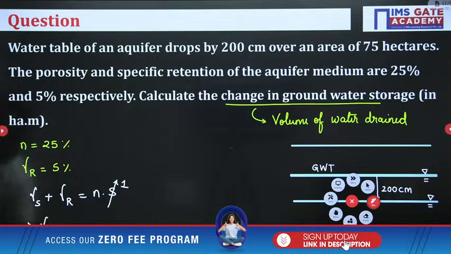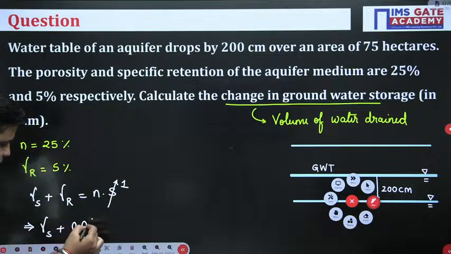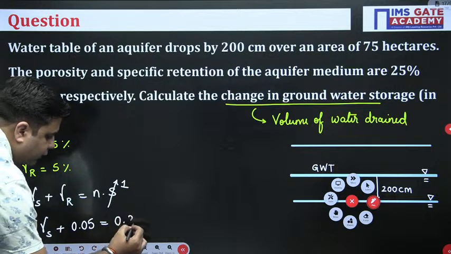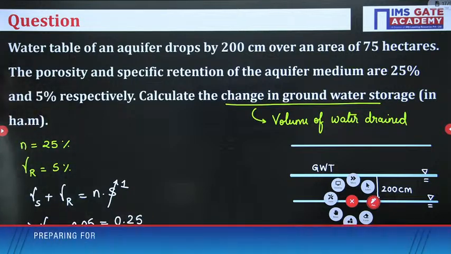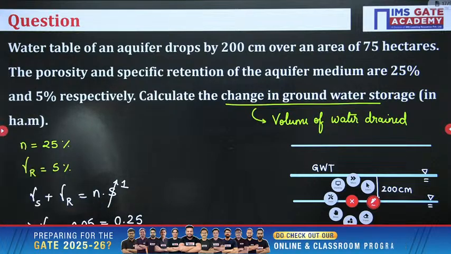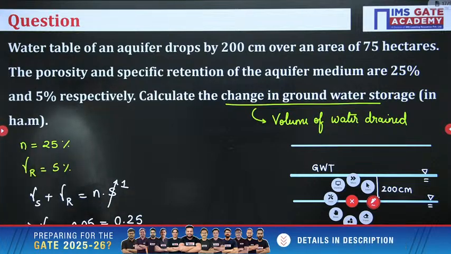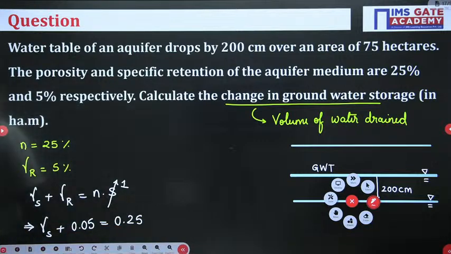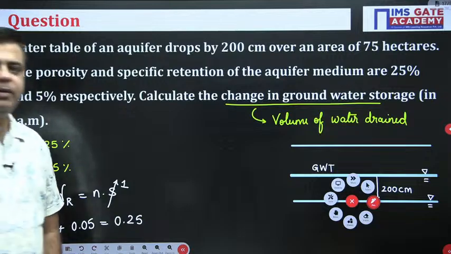So calculate the specific yield: gamma S plus 0.05 is equal to N, which is 0.25. Please calculate this specific yield. All of you keep calculating and keep commenting your answers.